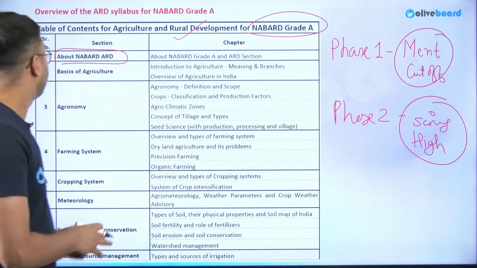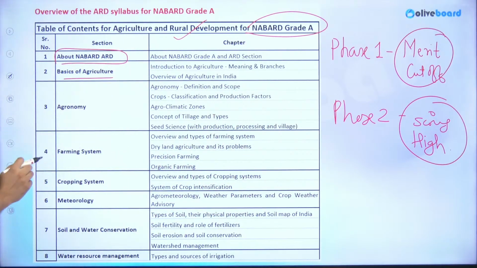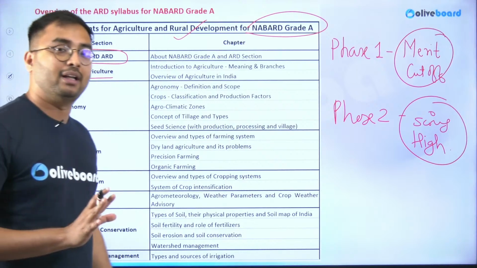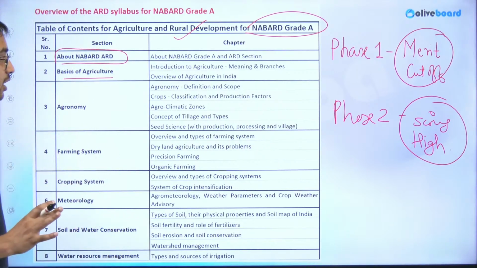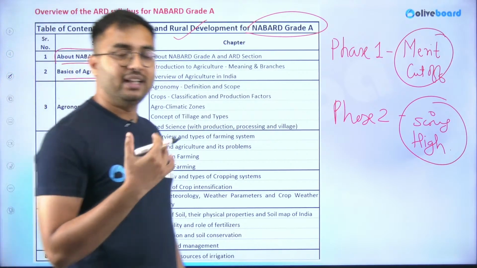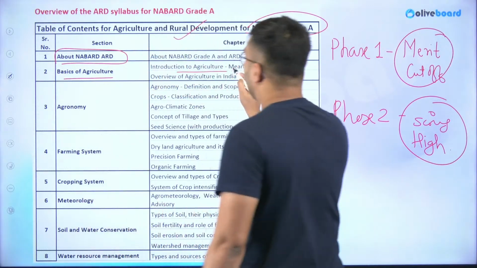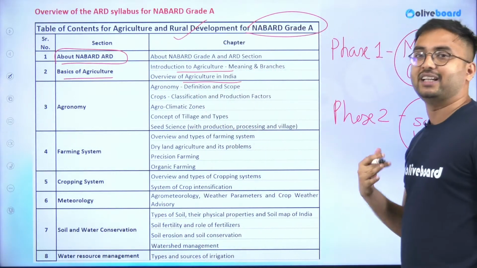Try to understand that. Our second most important and the first important chapter is basics of agriculture. Simple, we will start with orientation, that is introduction to agriculture and overview of agriculture in India.